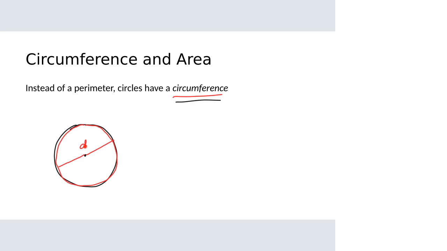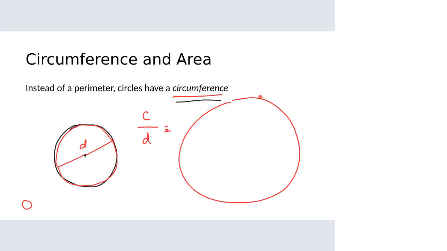We measure circumference and diameter, and we do circumference divided by diameter. What happens is we get the exact same answer every single time, whether it's a little bitty circle like this or a really gigantic circle like this. If we do circumference divided by diameter, we get the same exact answer every single time.